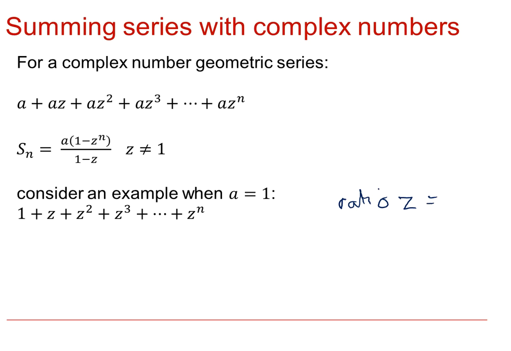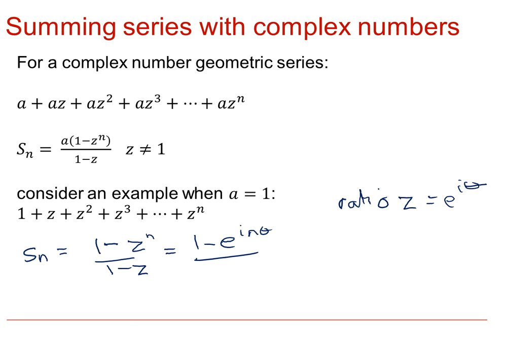And we could write that as e to the i theta in complex exponential form. Thus S to the n could be worked out as being 1 minus z to the n over 1 minus z, equaling 1 minus e to the i n theta over 1 minus e to the i theta.